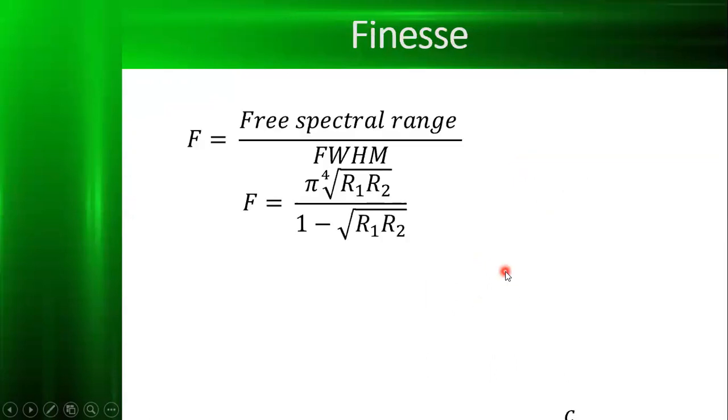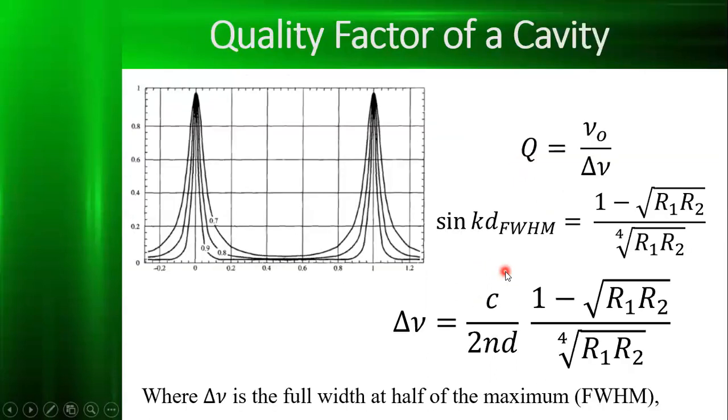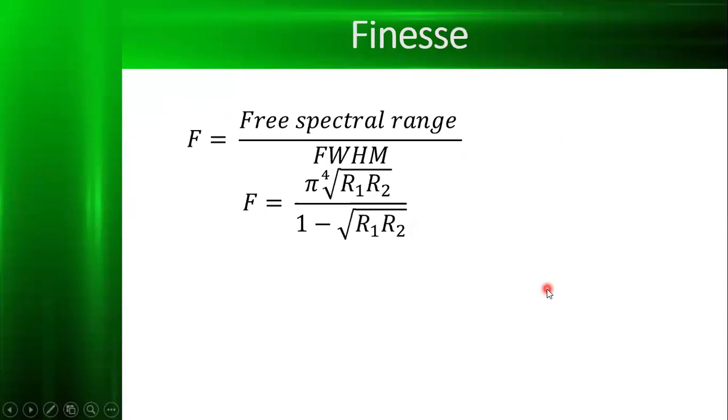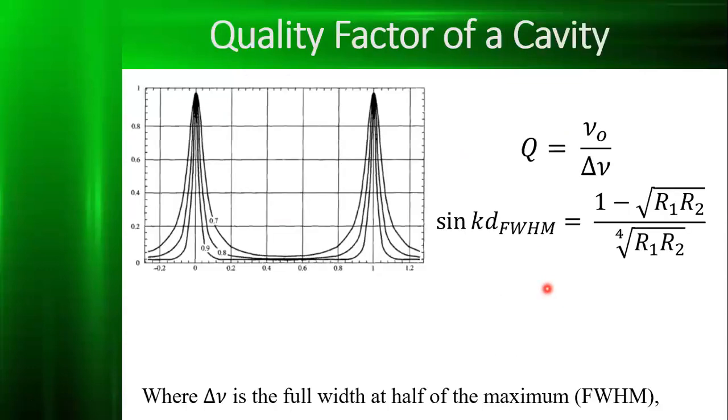Of course, you are not asked to memorize this term at all, but you have to know the physical meaning of the sharpness of the signal. So when this delta mu tends to 0, this Q tends to infinity, which is what we can call the hypothetical ideal laser.